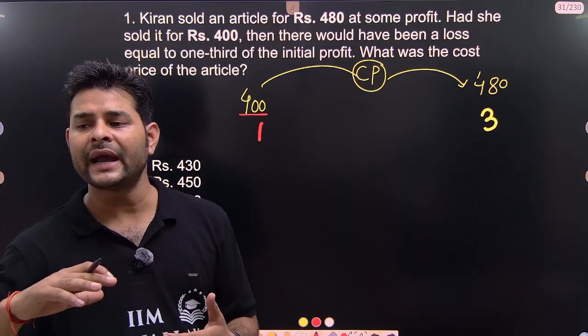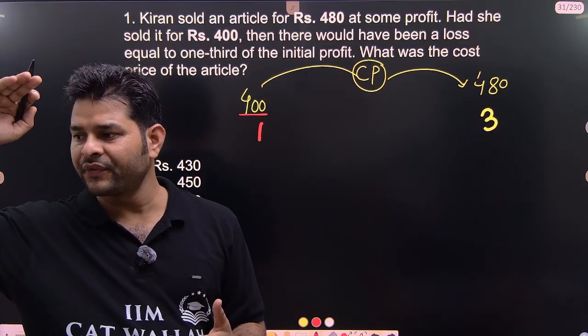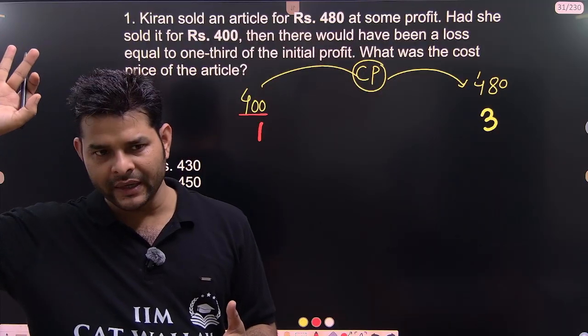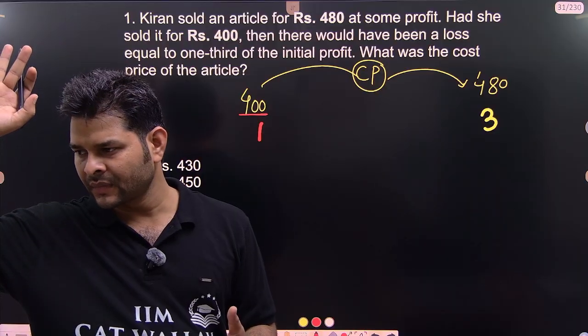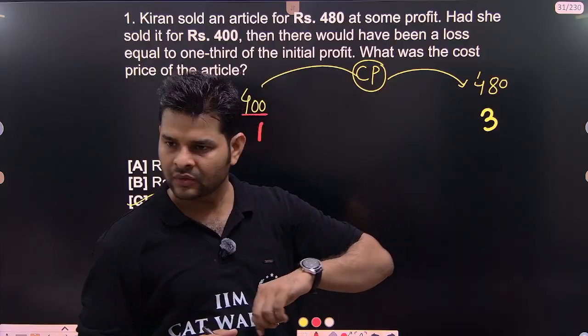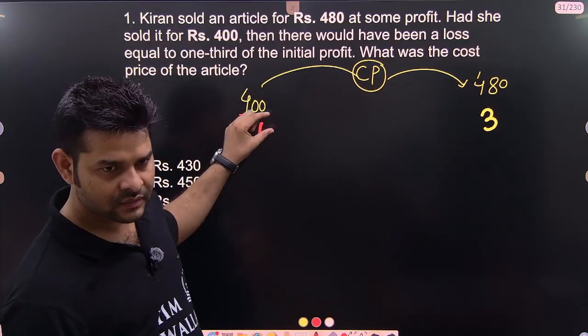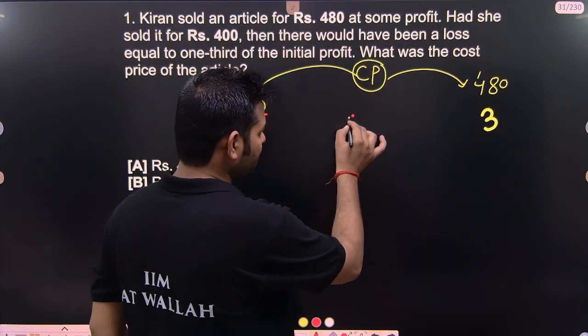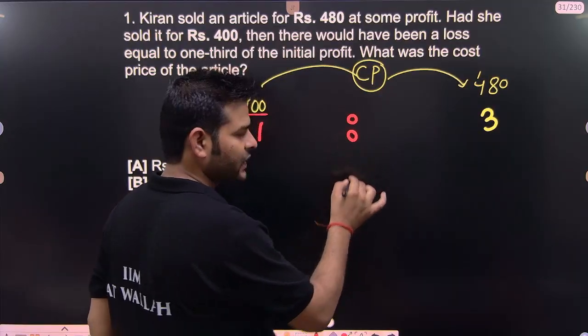But if he had sold the same item for rupees 400, he must bear 1 unit of loss, meaning 1/3 of profit. So basically this is loss, this is profit, and the ratio is 1:3.